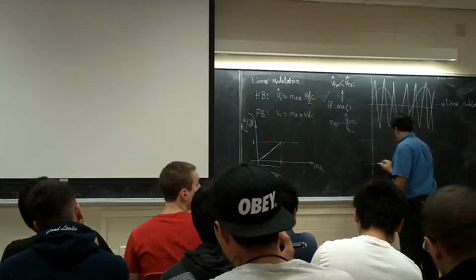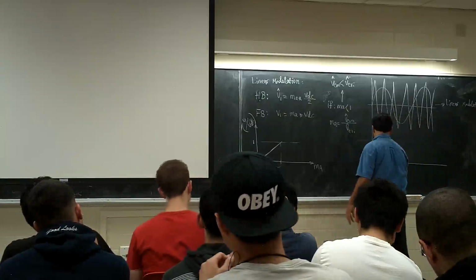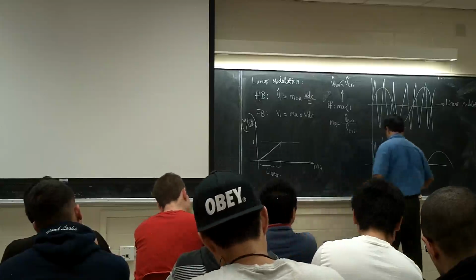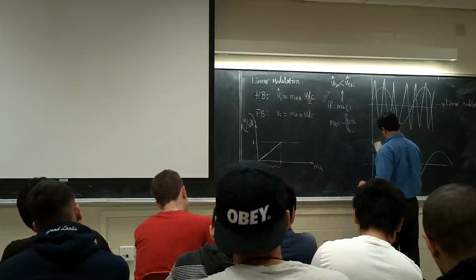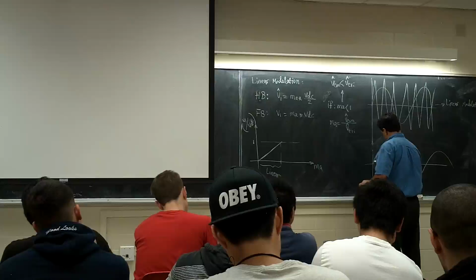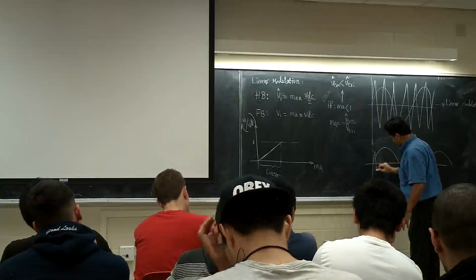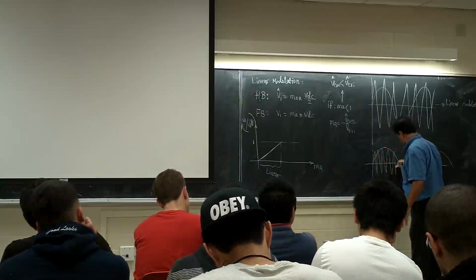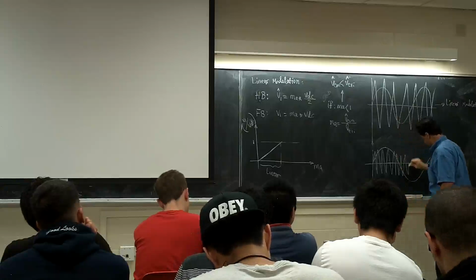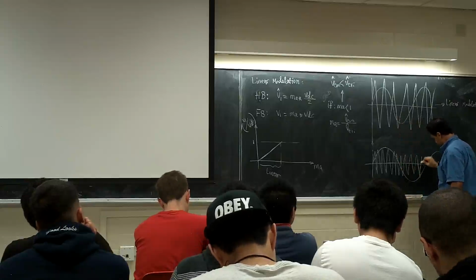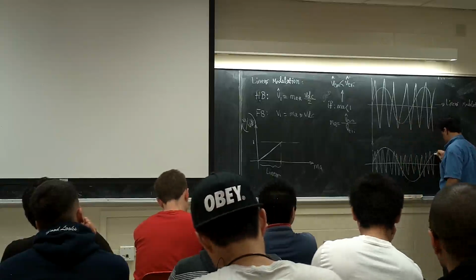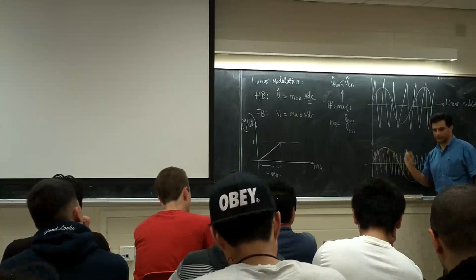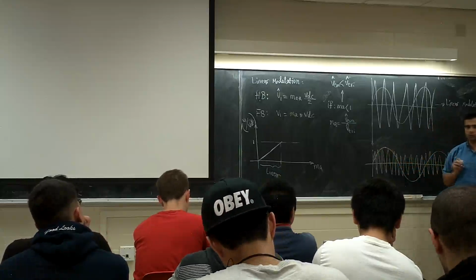Now, what is overmodulation? See, on some part of your crossing, the V control is more than VTRI.